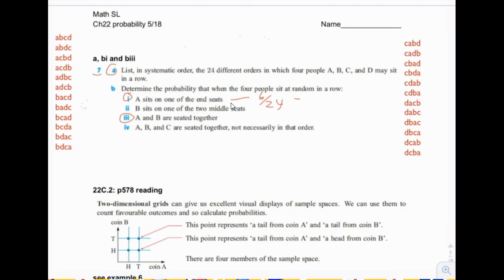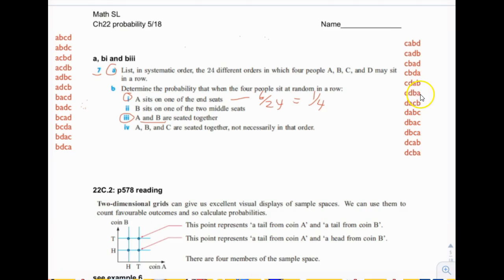What about combinations where A and B sit together? Let's count those. So here's 1, that's 2. So just 2 on this side. There's 1, 3. There's 1, 4.